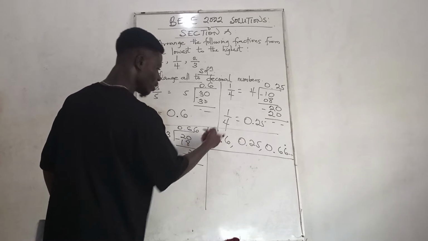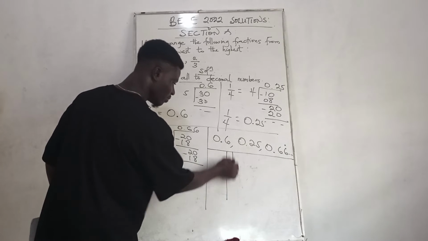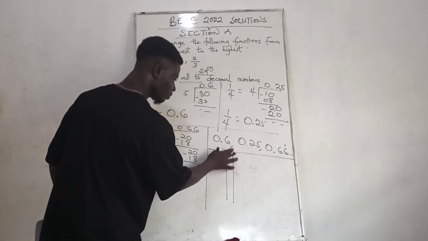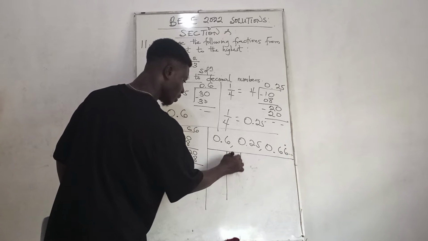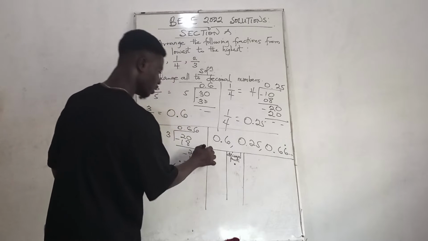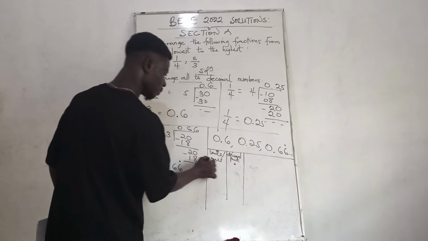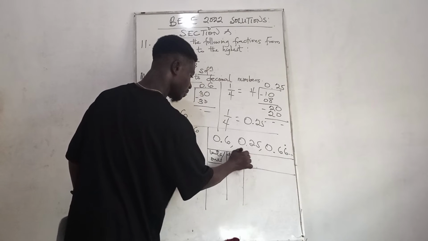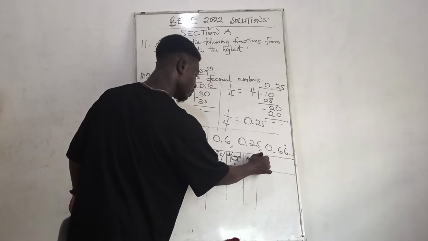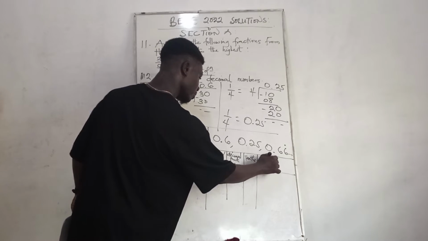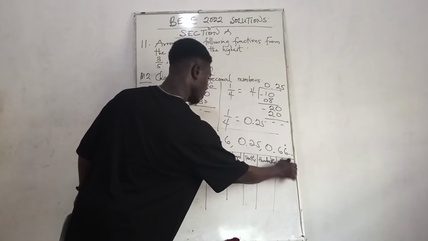We don't have any whole numbers here, so we have our units, the same thing as ones, then we have our tens, hundreds, thousands, and our decimal point here.